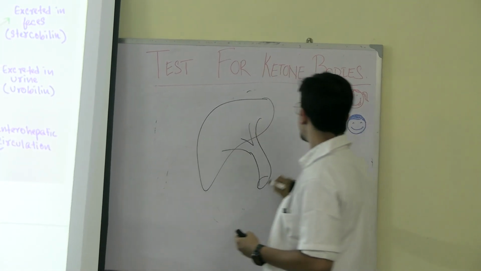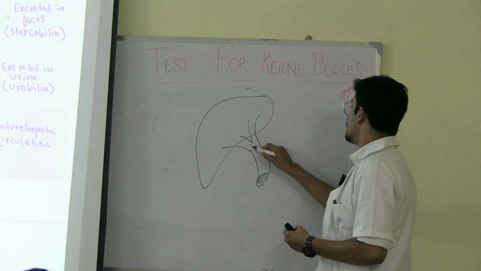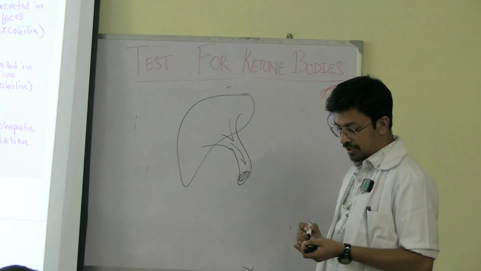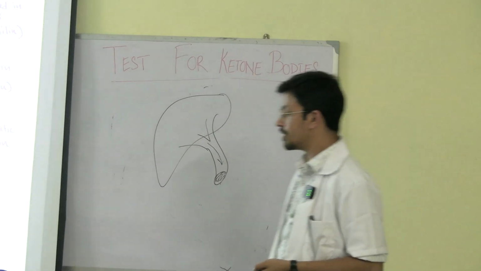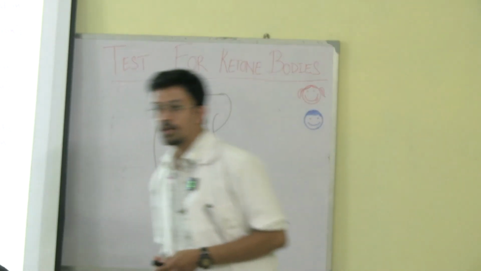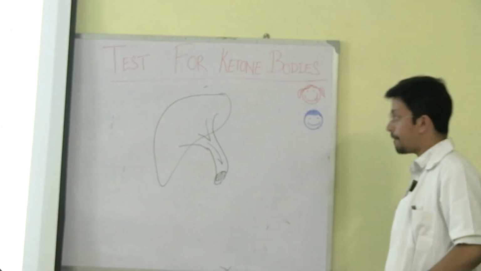Let's say here is the obstruction. Now the bile is not coming down. Do you think there will be urobilin present in the urine? What do you think? Tell me.